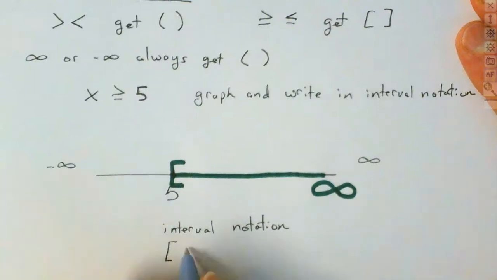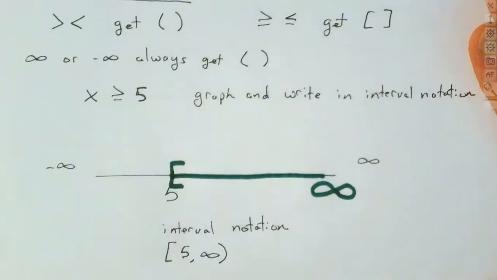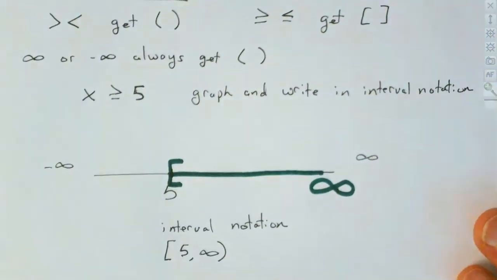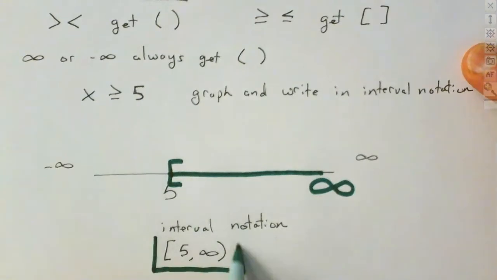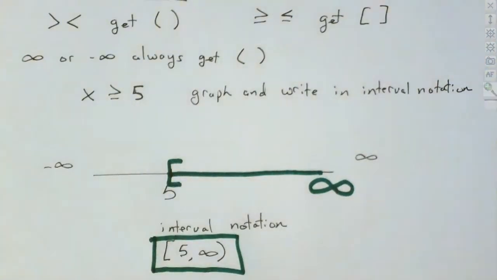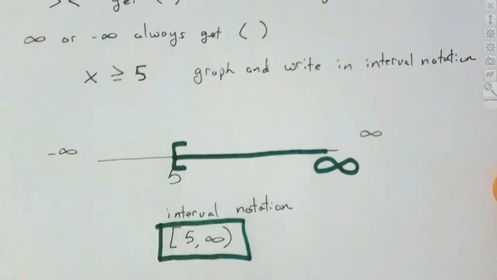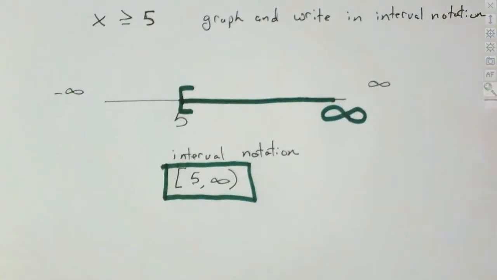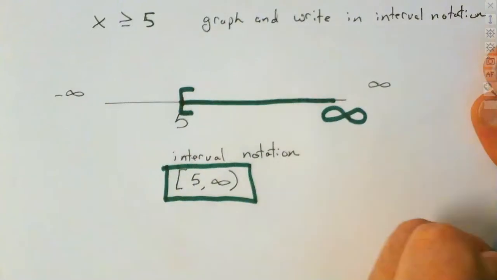It's going to be 5, and it goes out to the right, so it goes out to positive infinity. So in interval notation, it would be square bracket 5, comma, positive infinity with parentheses. Infinity always gets parentheses.